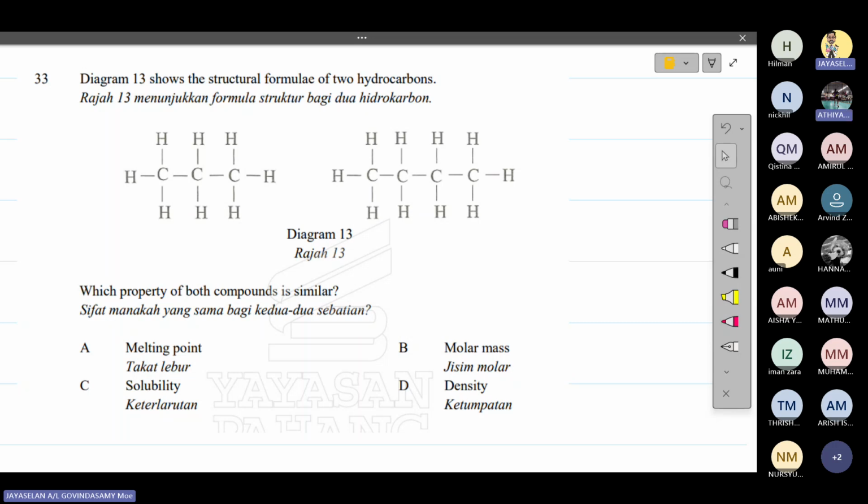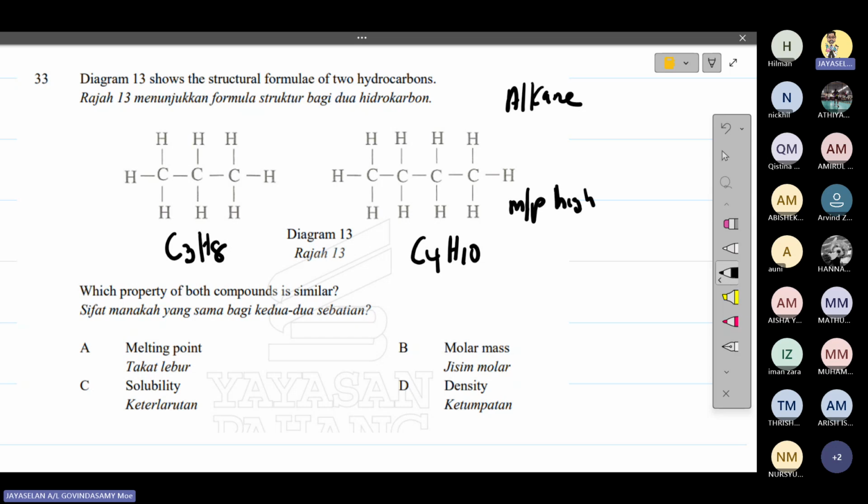So they both belong to the same homologous series, alkane. This is C3H, what is it? 6 plus 2, 8. This is C4, H is 8 plus 2 is 10. What is the difference between these? Melting point, this one, melting point I. Why? Because this is a covalent bond, right?